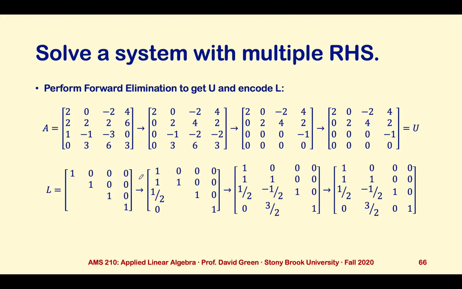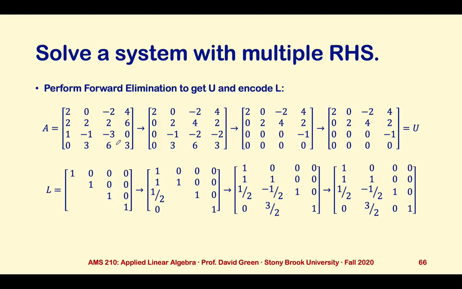The whole point of LU decomposition is that it lets us store something about A that allows us to solve the system for multiple right-hand sides. If we had the right-hand sides built in, that wouldn't work. So we start with A.